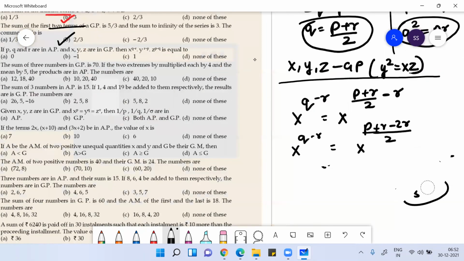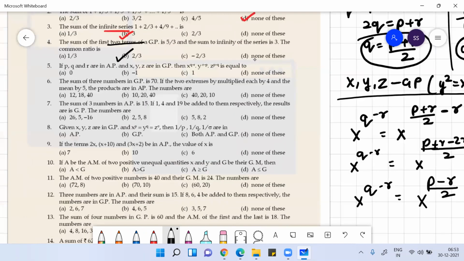So X to the power Q minus R is equal to X to the power P minus R by 2. This is P minus R by 2. This is R minus P, and for Z I can write P minus Q. Q is again in terms of P and R.